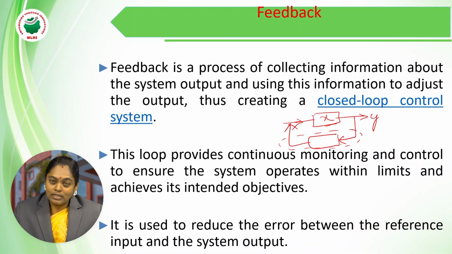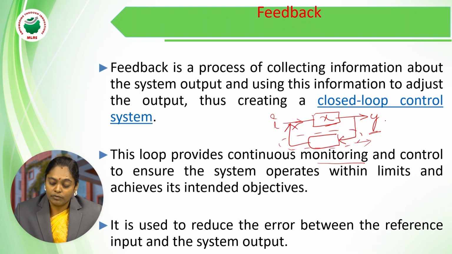And why are we using this closed loop? This loop is used to continuously monitor the output with respect to the input, and whatever value we want as output can be controlled by using this loop. This loop provides continuous monitoring and control to ensure that the system operates within a limit.